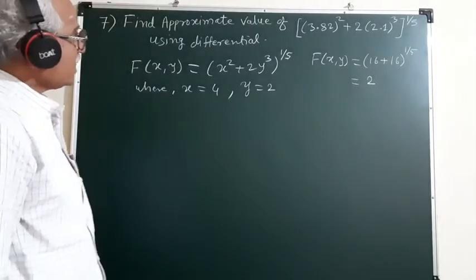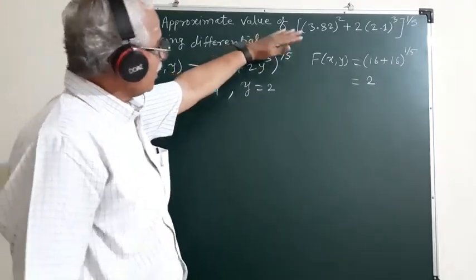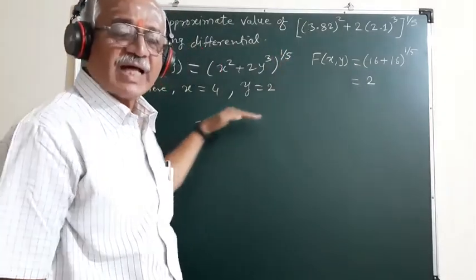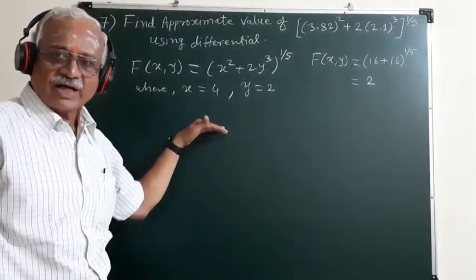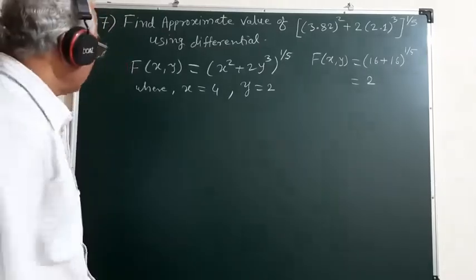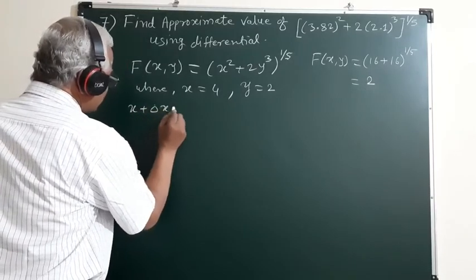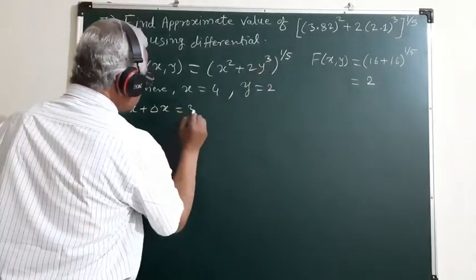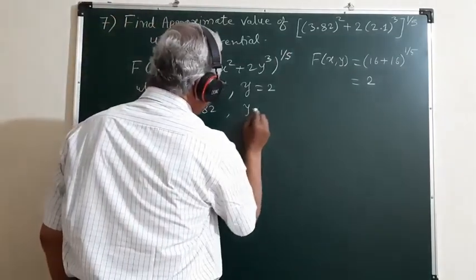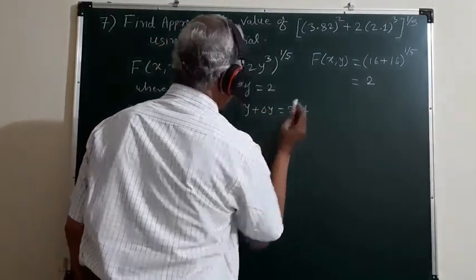Now if we consider these values of x and y, but in the given function the values of x and y are slightly different from the ones we have assumed. So here we can find the values of delta x and delta y. The value of x plus delta x is equal to 3.82 and the value of y plus delta y is equal to 2.1.